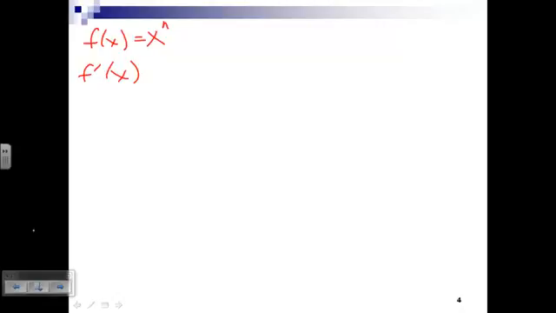And that definition is the limit as h approaches 0 of f of x plus h minus f of x all over h. Is that right? That's got to be our starting point.